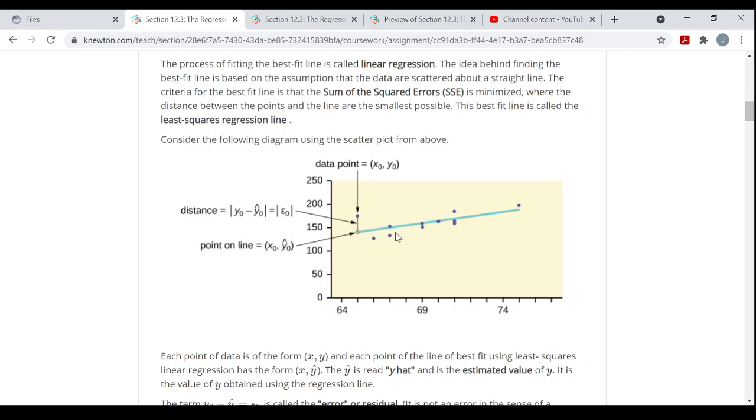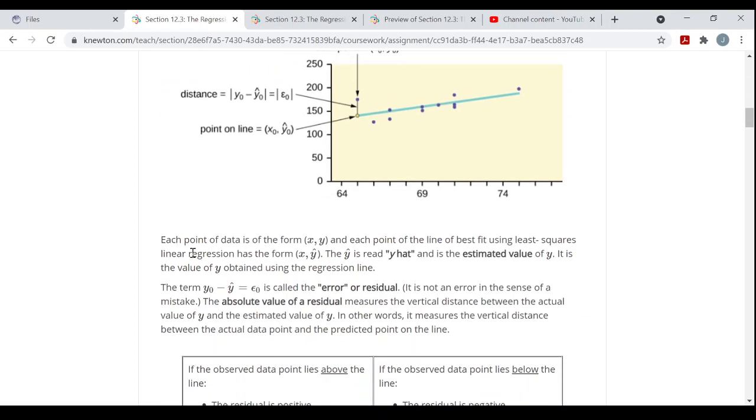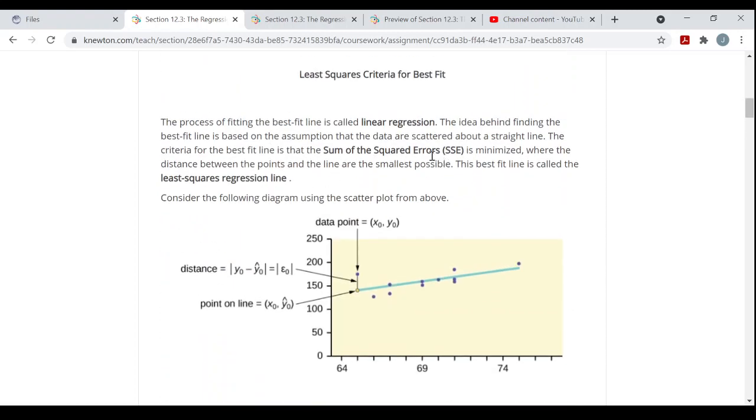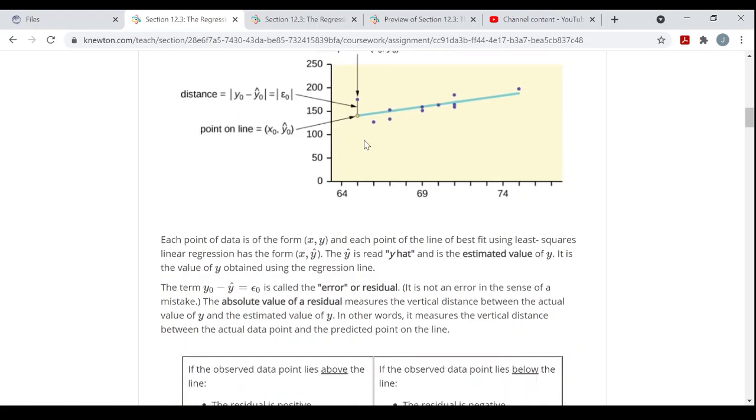So you're just calculating all these errors and squaring them. Take every y0 minus y hat 0, and then you're going to square those eventually and add them up, and that's the sum of squared errors. But you do this for every single data point. You calculate the distance between that data point and this line.